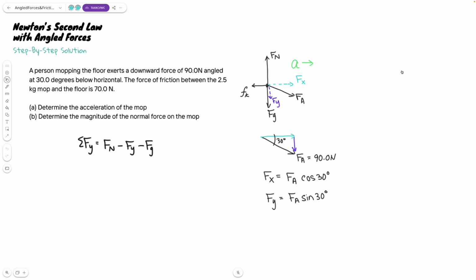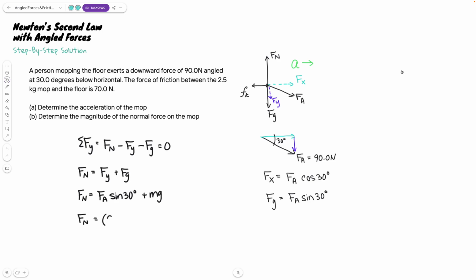So we want to pay attention to the directions of the forces and components of force. Unlike our horizontal components of force, we have no acceleration vertically, so we can set this equation equal to 0 and rearrange so that our normal force is equal to the y component plus our gravitational force. We'll substitute in our expression for the y component and an expression for the gravitational force.